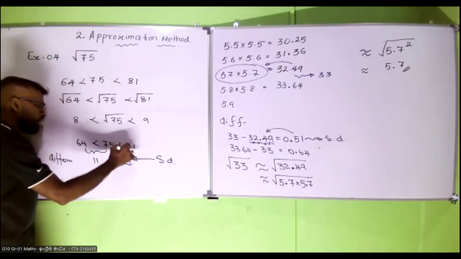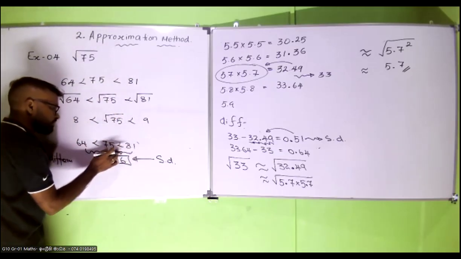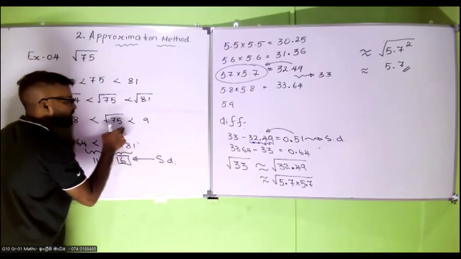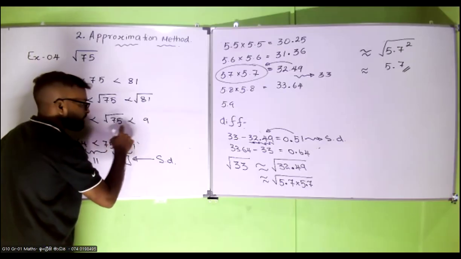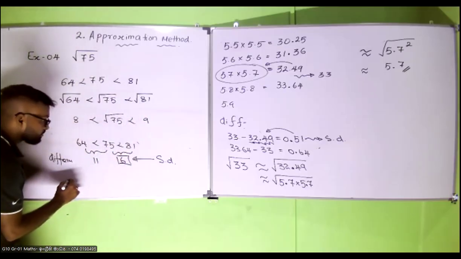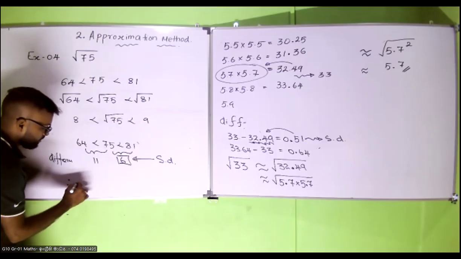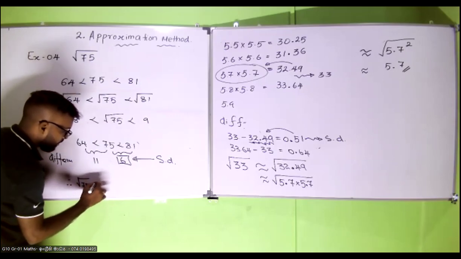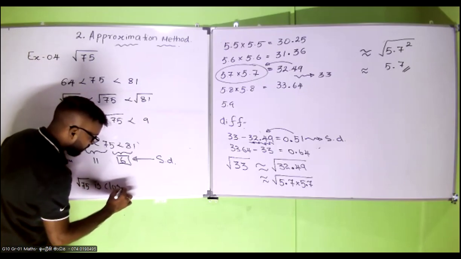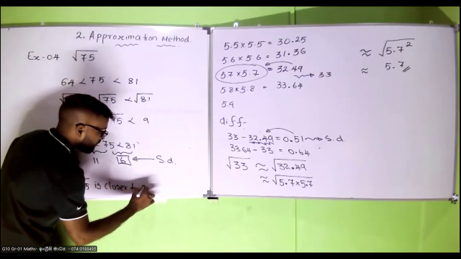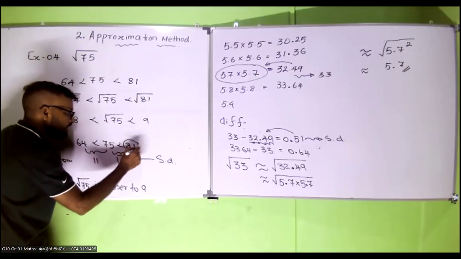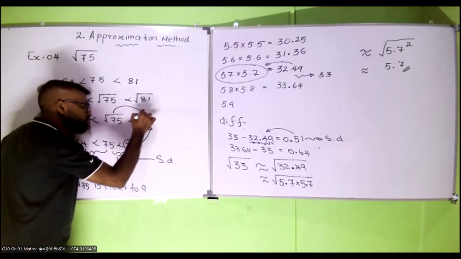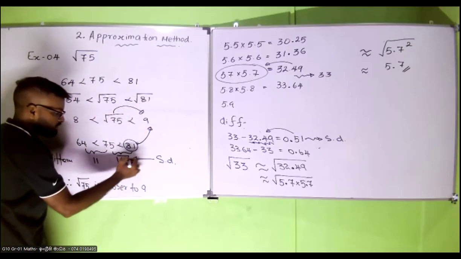So 81 is the closest number to 75, so I can conclude that the square root of 75 is closer to 9. Because this is the smallest gap, the square root of 81 being 9, I can say the square root of 75 is closer to 9.